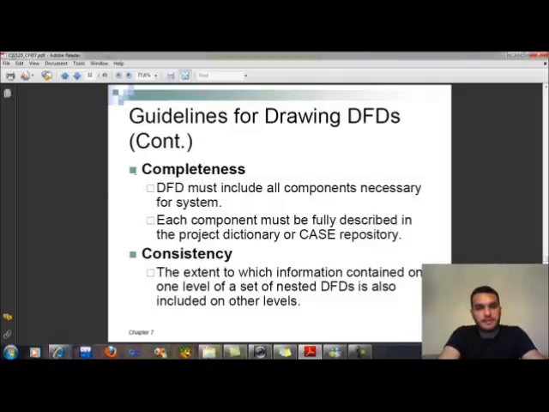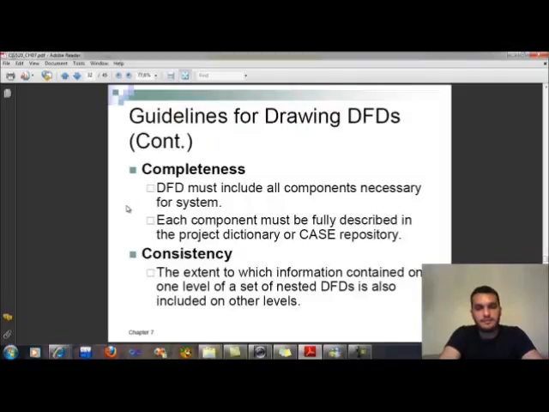And completeness: DFDs must include all components necessary for the system, and each component must be fully described in the project dictionary or CASE repository.